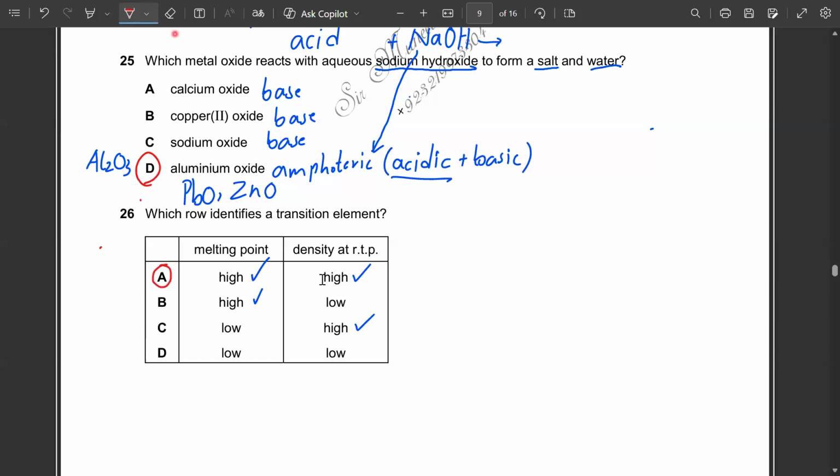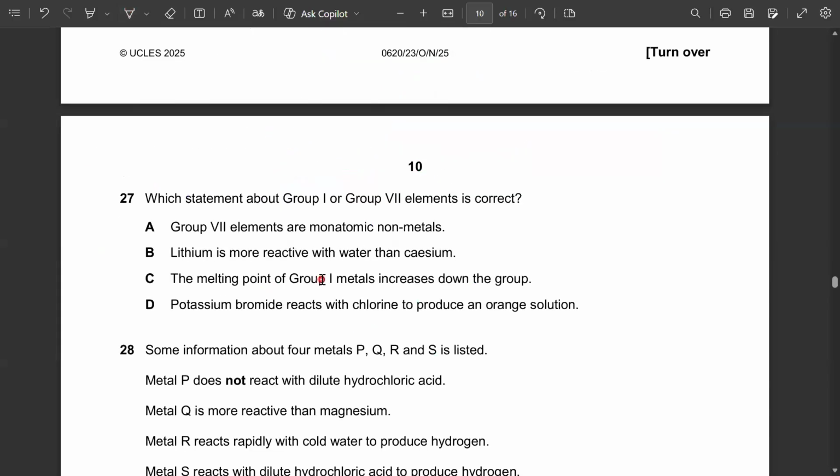Then question number 27. Which statement about group 1 or group 7 elements is correct? A, group 7 elements are monatomic nonmetals.